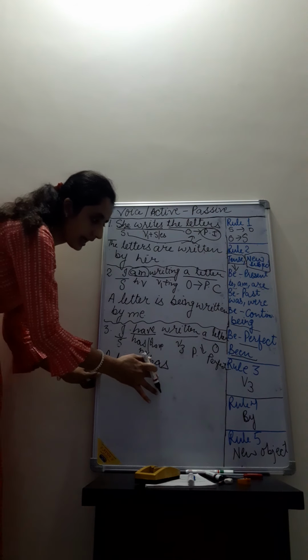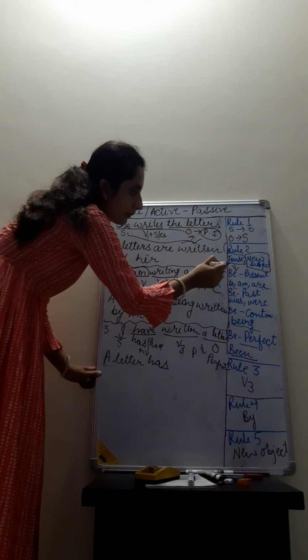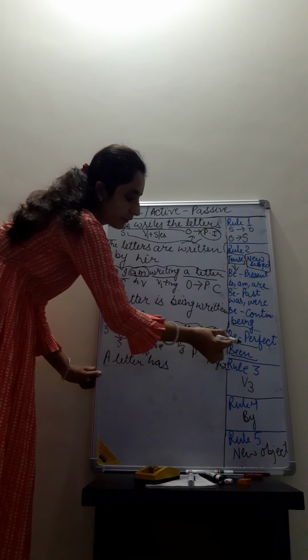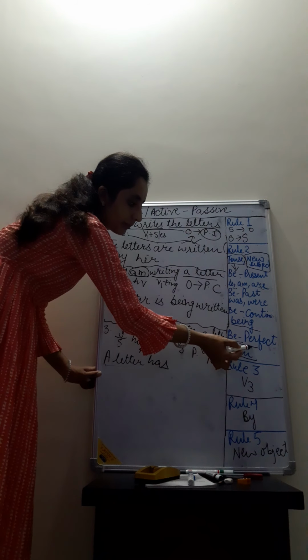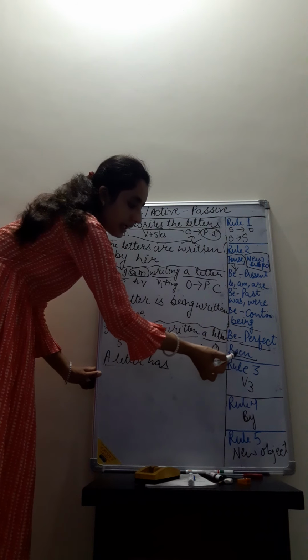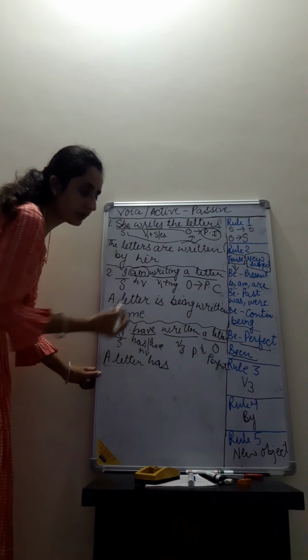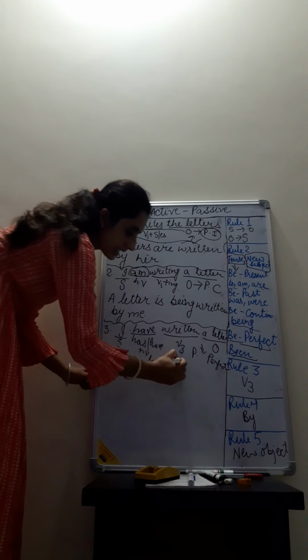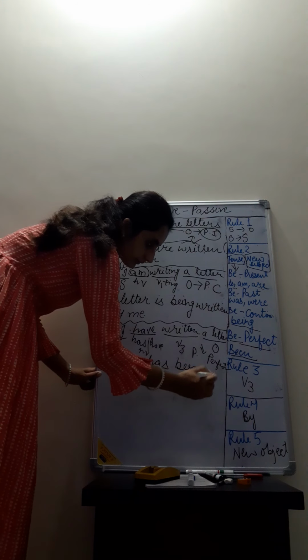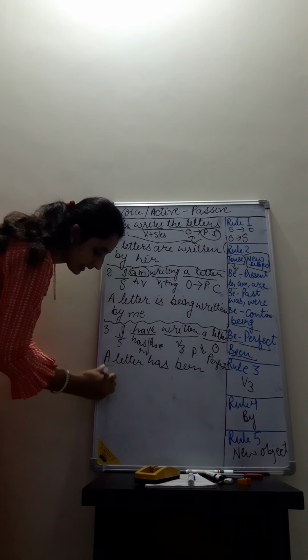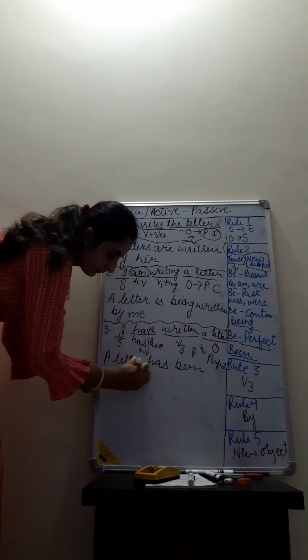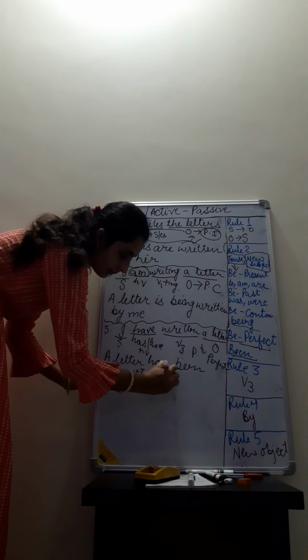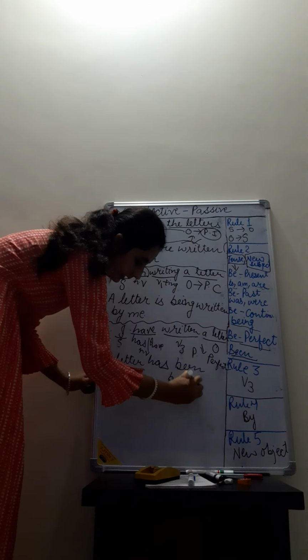A letter has. According to rule number 2, we have to choose the be form, and in perfect we have been as a be form. So a letter has been. Then rule number 3 says written, then by, then me.